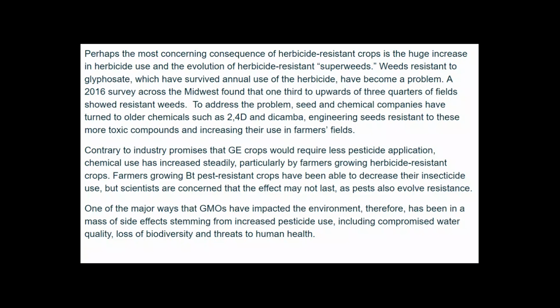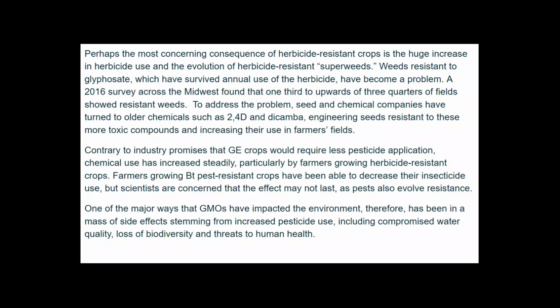To address the problem, seed chemical companies have turned to older chemicals such as 2,4-D and dicamba, engineering seeds resistant to these more toxic compounds and increasing the use in farmers' fields.